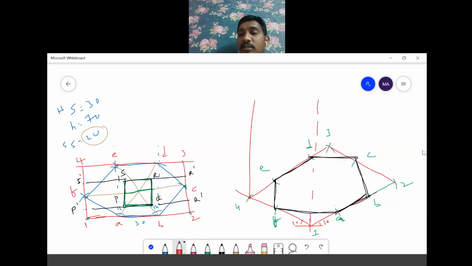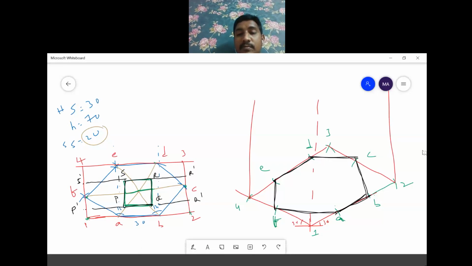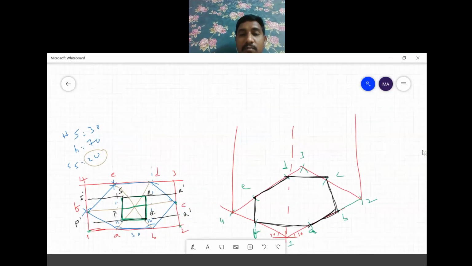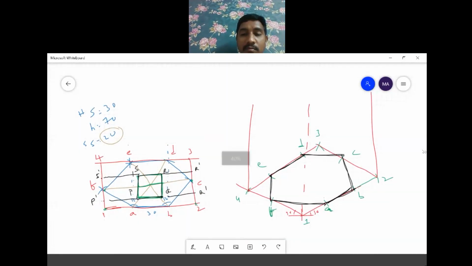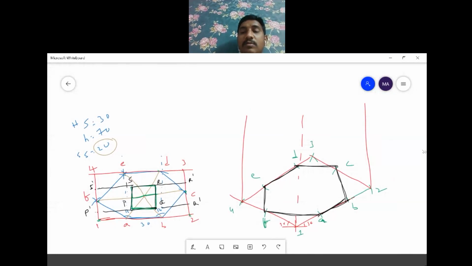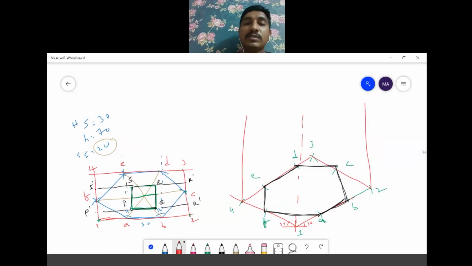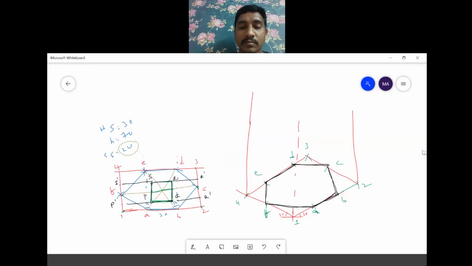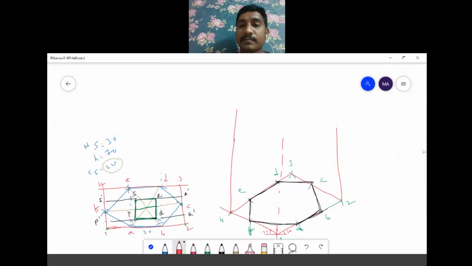I am extending this to 70 mm, extending each of these to 70 mm. Then again I am joining these two.